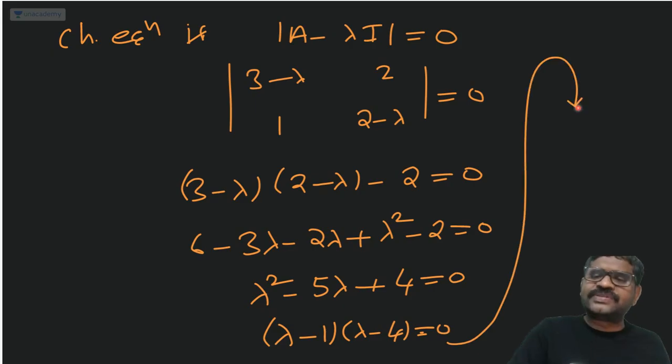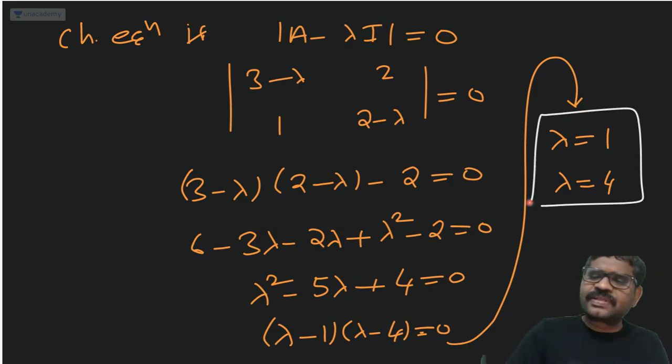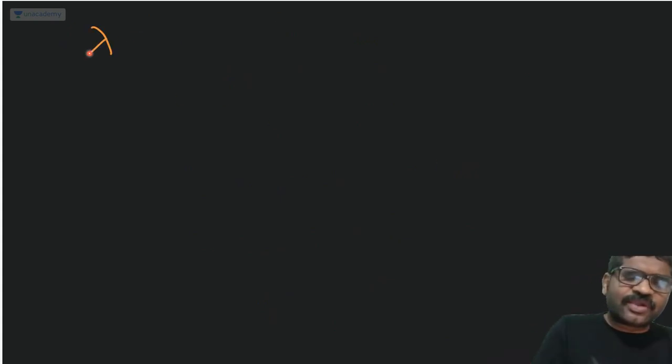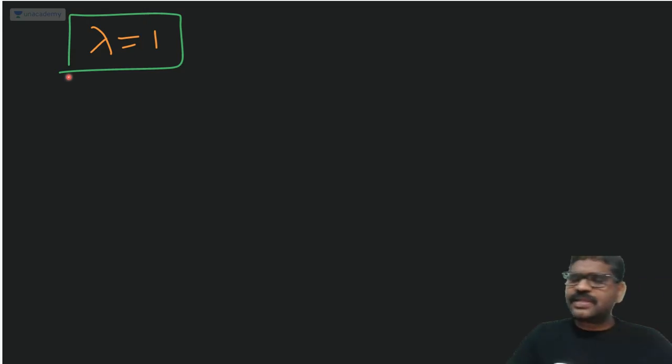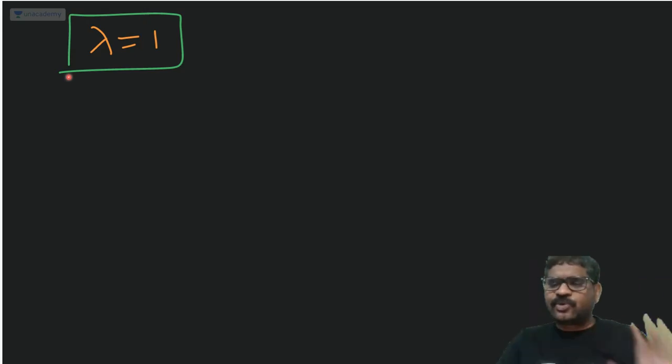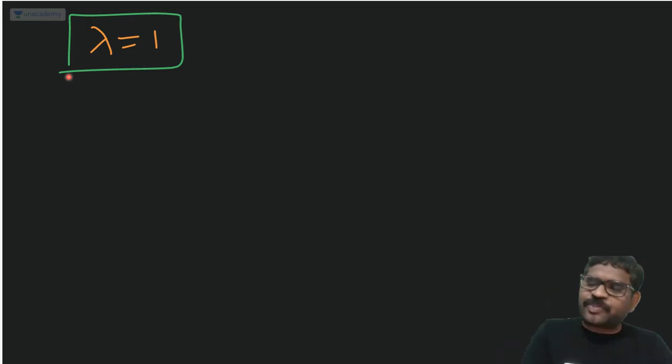From this, lambda equal to 1, lambda equal to 4. Now lambda equal to 1. Suppose lambda equal to 1, because I have to calculate the eigenvector corresponding to lambda equal to 1.